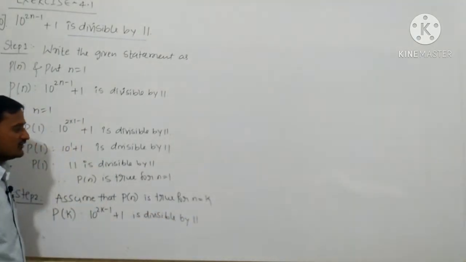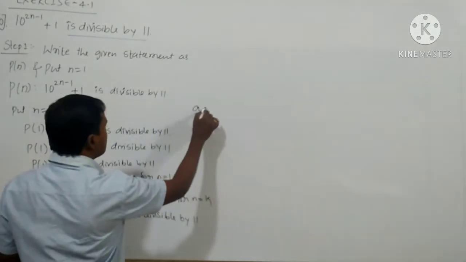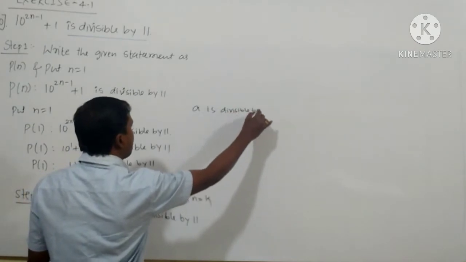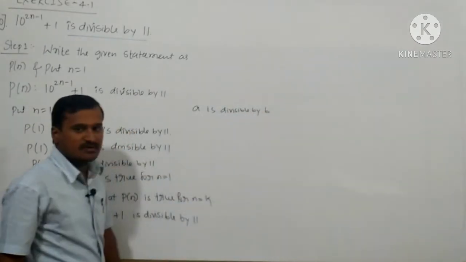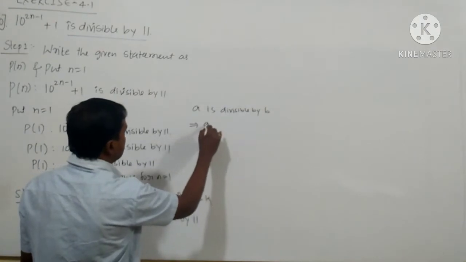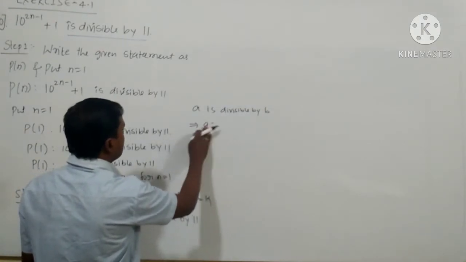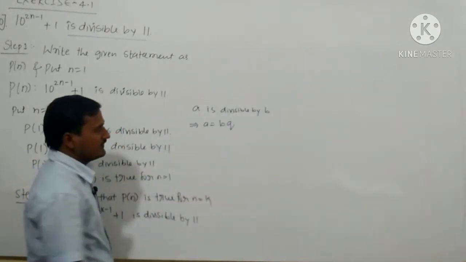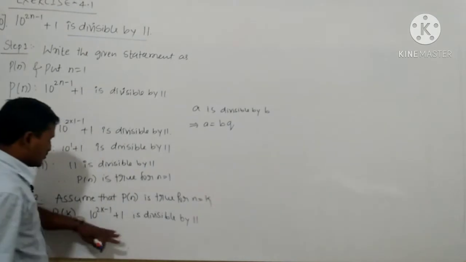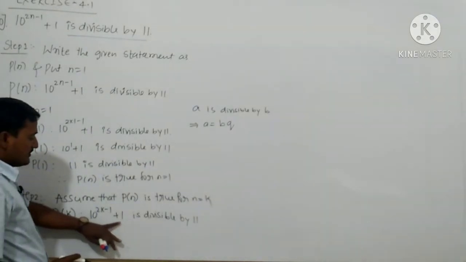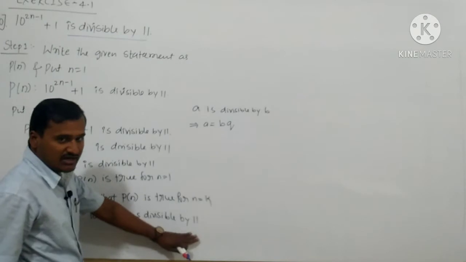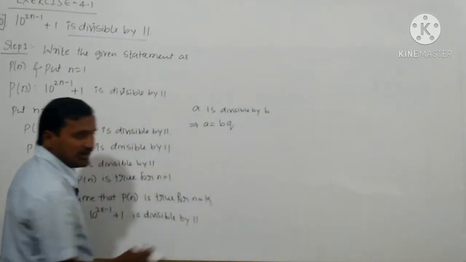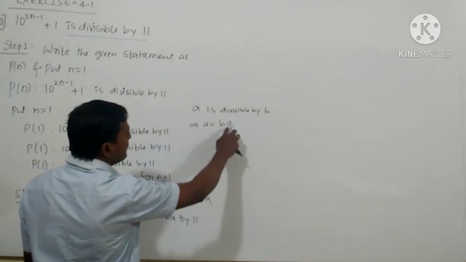We already know that a is divisible by b means there exists an integer q such that a is equal to b into q. Here, 10 to the power 2k minus 1 plus 1 is divisible by 11 means this term can be expressed as a product of 11 and some number.